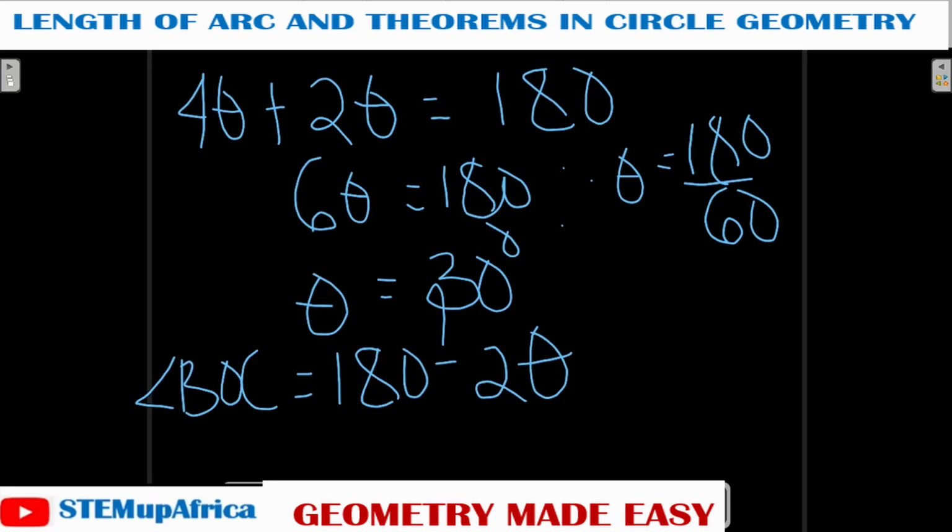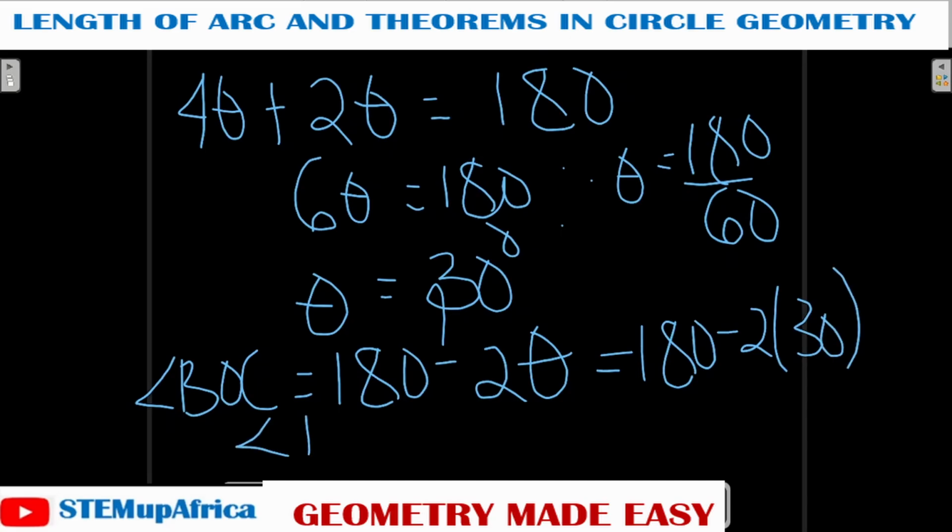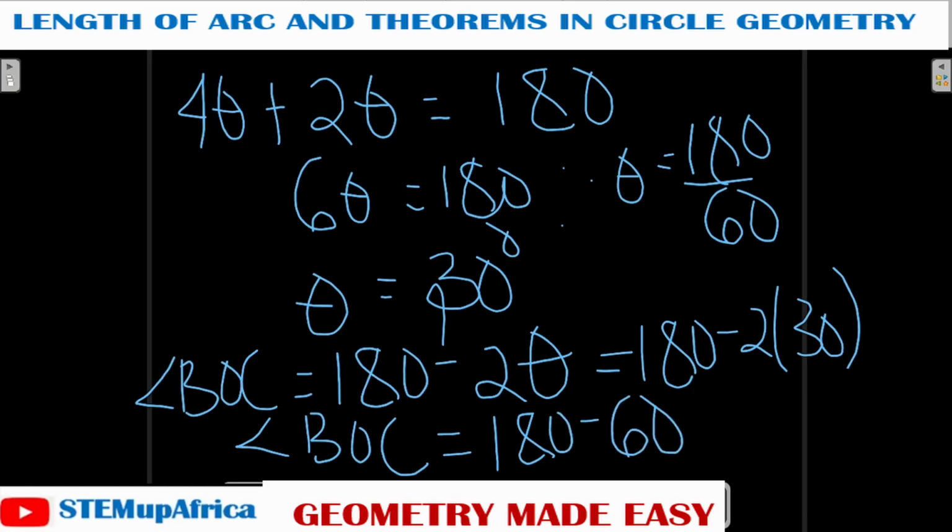What is our theta now? It's 30. Let's fix it. We're going to have 180 minus 2 bracket 30. So angle BOC will give us 180 minus 60. So we're close to the final answer.